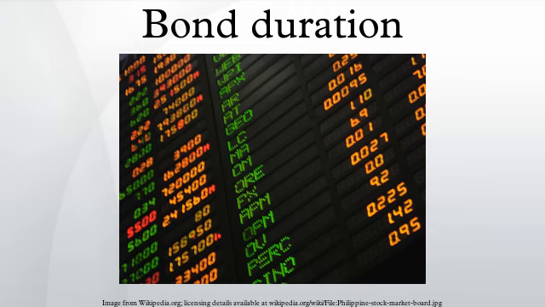A bond with positive convexity will not have any call features, that is, the issuer must redeem the bond at maturity, which means that as rates fall, both its duration and price will rise. On the other hand, a bond with call features, that is where the issuer can redeem the bond early, is deemed to have negative convexity as rates approach the option strike, which is to say its duration will fall as rates fall, and hence its price will rise less quickly.